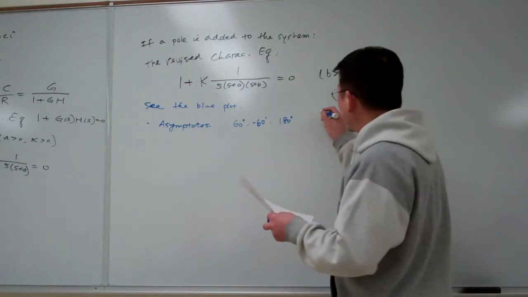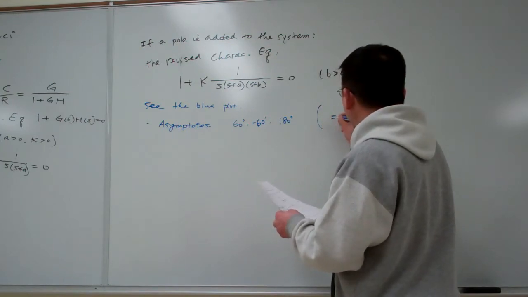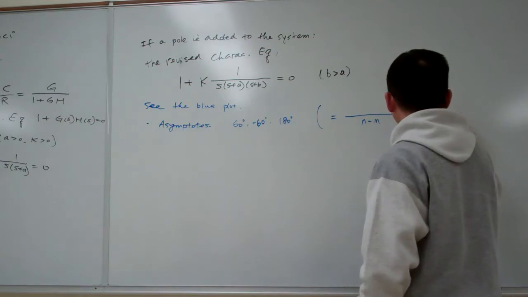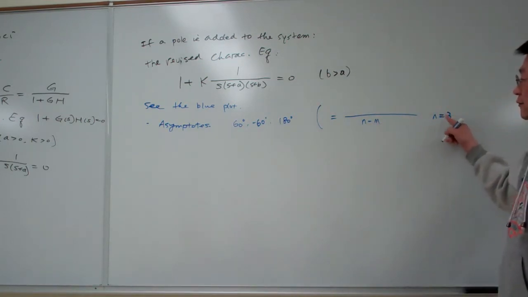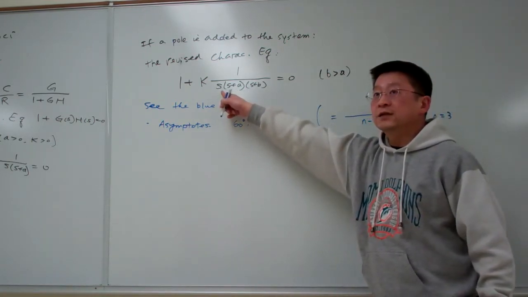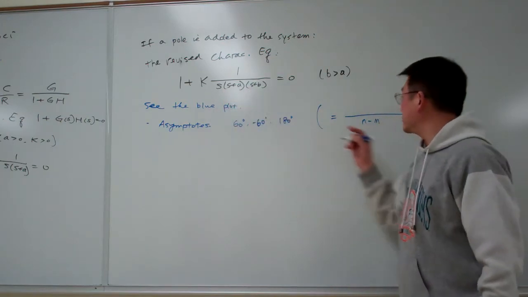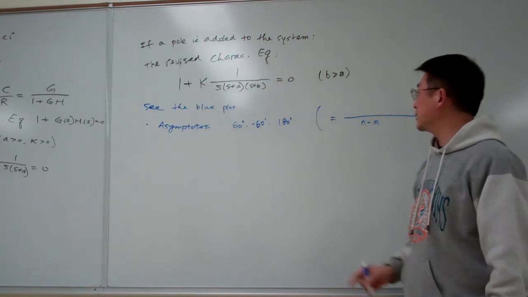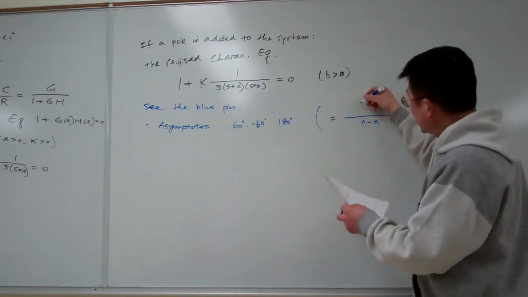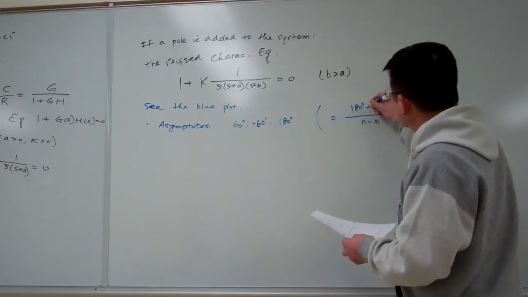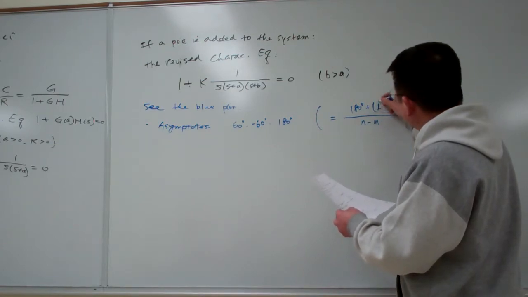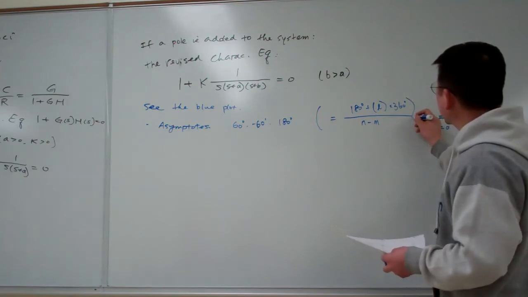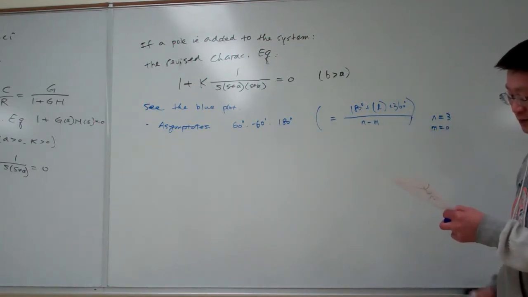Basically you obtain it by 180 degrees plus L times 360 degrees, divided by n minus m. Here n equal to 3, the degree of the denominator, and m equal to 0, the degree of the numerator. We keep changing L and we have these three numbers.